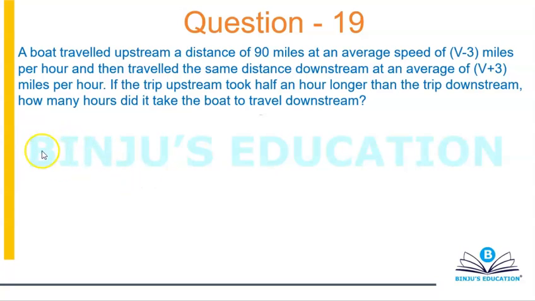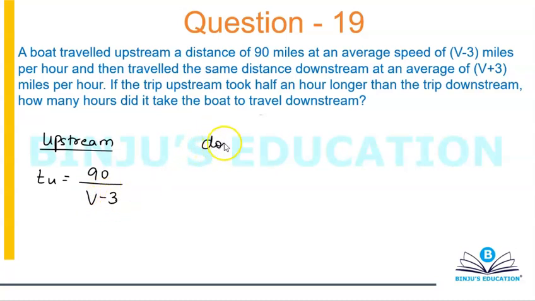Okay, so if we consider the case of upstream, time taken in going upstream, tu, is equal to distance, which is 90, divided by v minus 3. And if we consider the case of downstream, then td is equal to 90 divided by v plus 3.